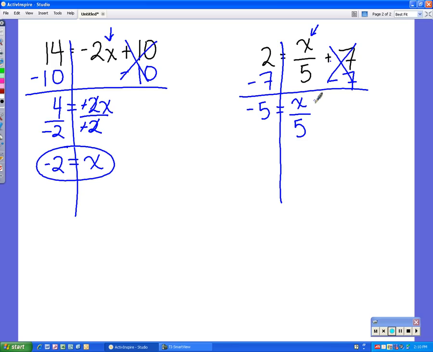To undo division, we multiply, and we're multiplying by 5 to get rid of this 5. But we need to do it on both sides. 5 times negative 5 is negative 25. Carry down the equal sign. Over here, the 5 on top cancels the 5 on bottom, and all I have left is the x. Bring that down, and we have our answer. Negative 25 is equal to x.